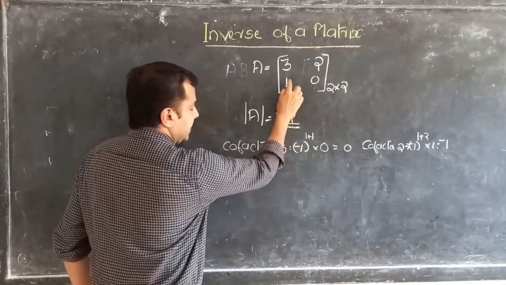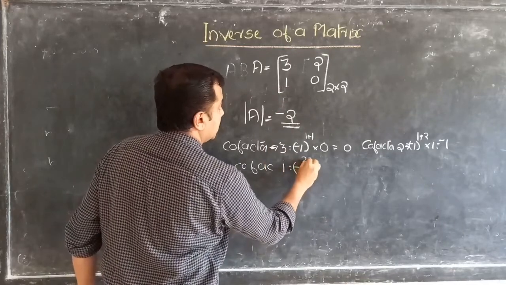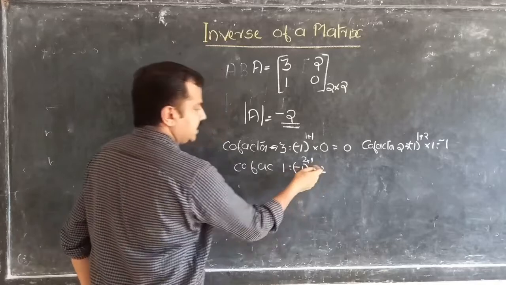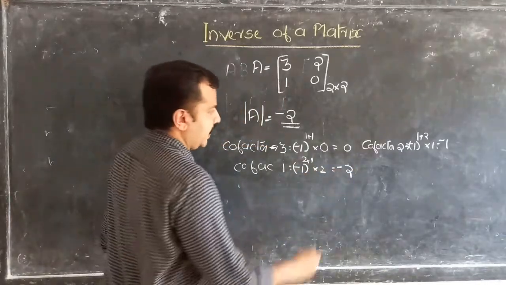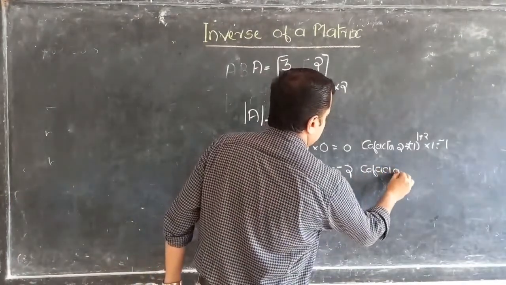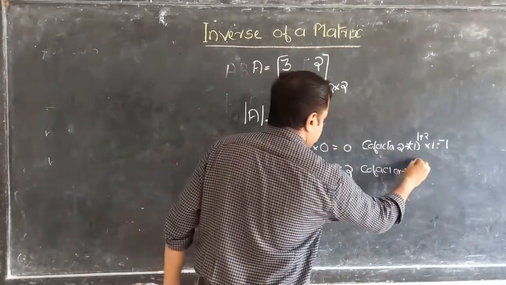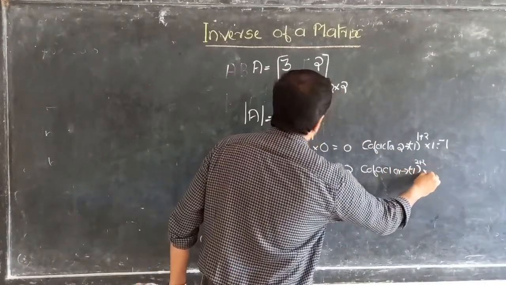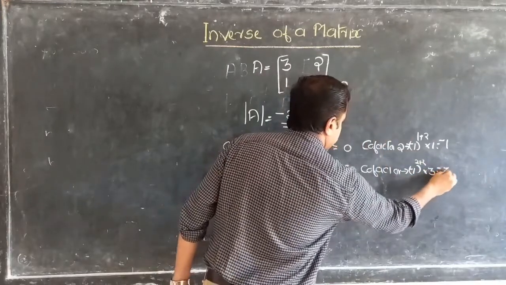Cofactor of this element 1 is minus 1 raised to 2 plus 1 into 2, which is minus 2. And finally the cofactor of 0 is minus 1 raised to 2 plus 2 into 3. So the answer will be 3.